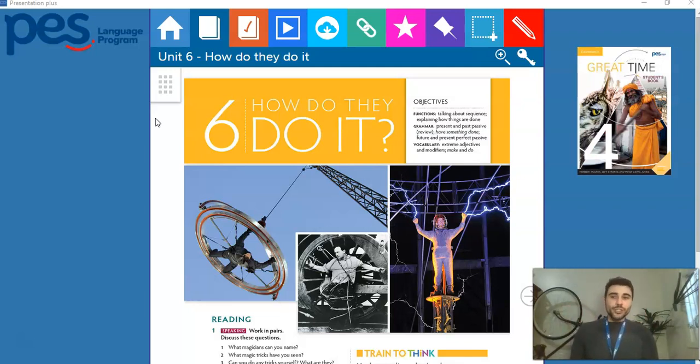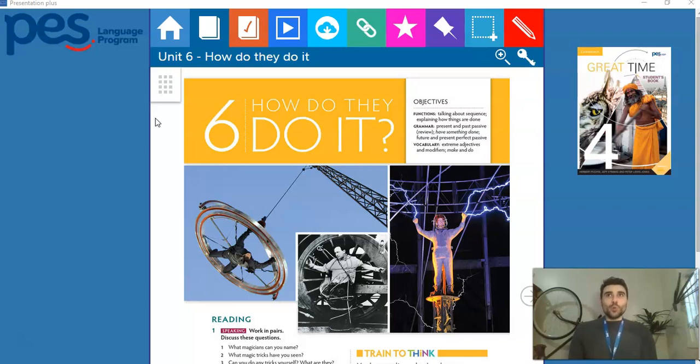Have you researched why it's called like that? Because in Portuguese we would say it's called a magic cube, right? But in English they call it in a different way. So here's a challenge for you: maybe research how and why it's called a Rubik's Cube.